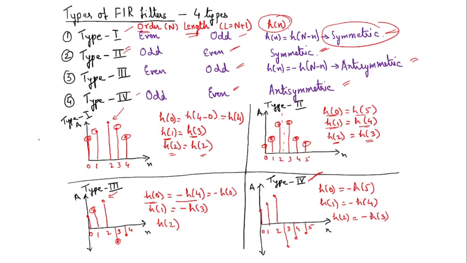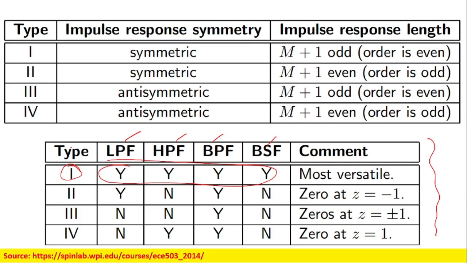This means that when we are having a length which is odd, and the impulse response h(n) is symmetric in nature, then we will be able to design any kind of filter. So designing the FIR filter by the type 1 method is the most versatile method to design the FIR.